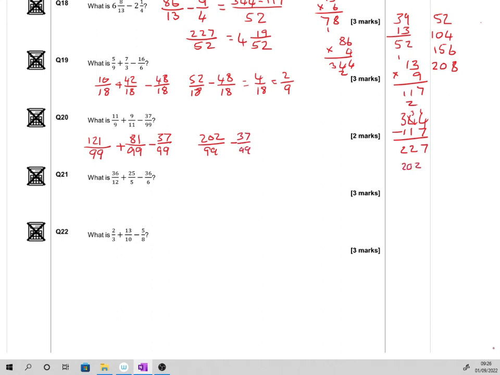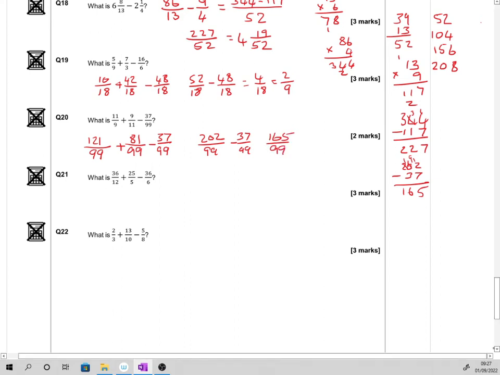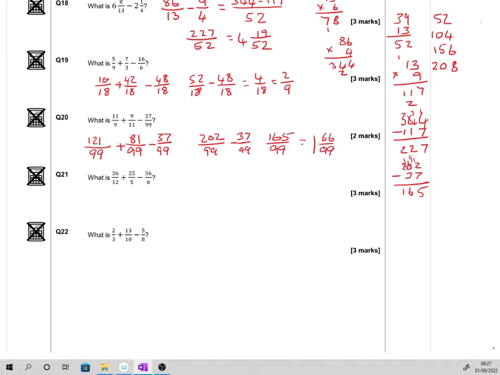So 202 minus 37 is 165. So that's 165 over 99, which is 1 and 66 over 99. Now I can divide that bit by 11, which is 1 and 6 over 9. Oh, I can divide that by 3, which is 1 and 2 thirds.